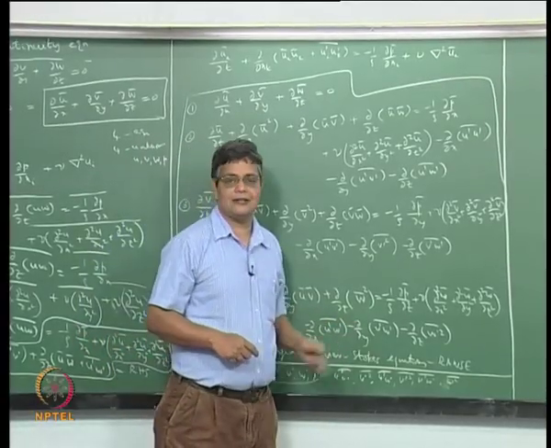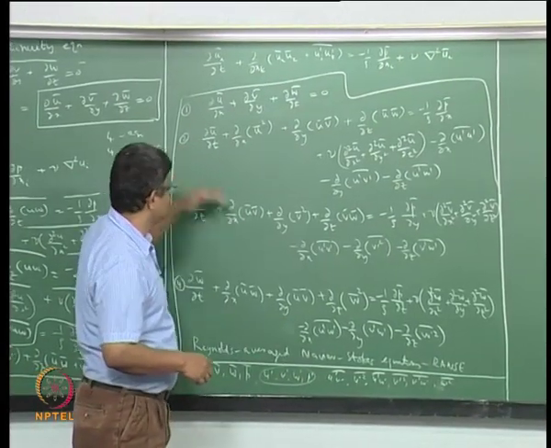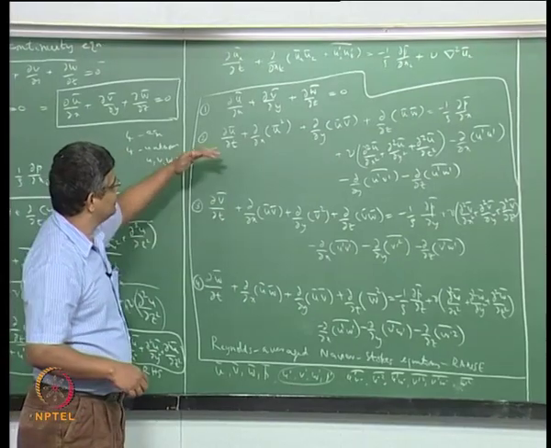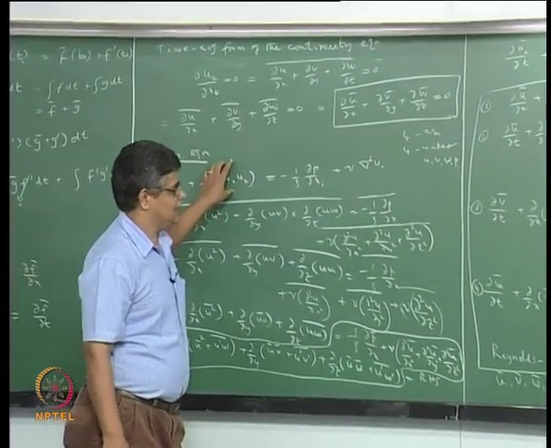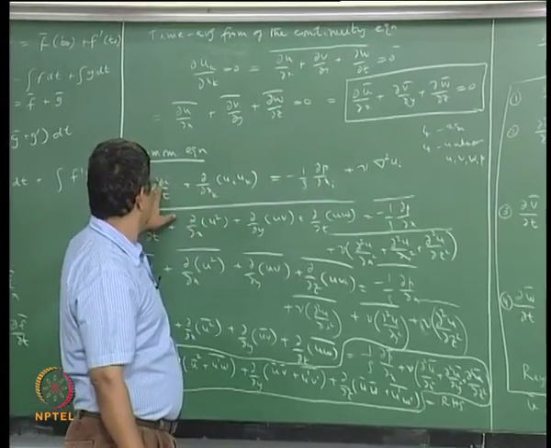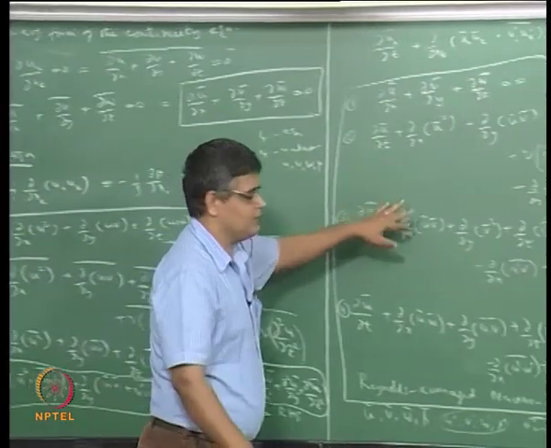Now can they be neglected? If you neglect them, then the resulting equations are of exactly the same form as the equations for laminar flow, except that you have replaced the u with u bar and v with v bar and so on.